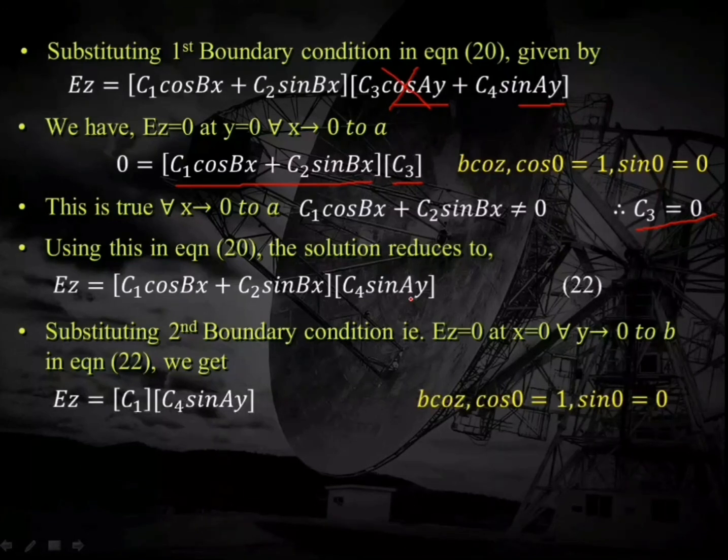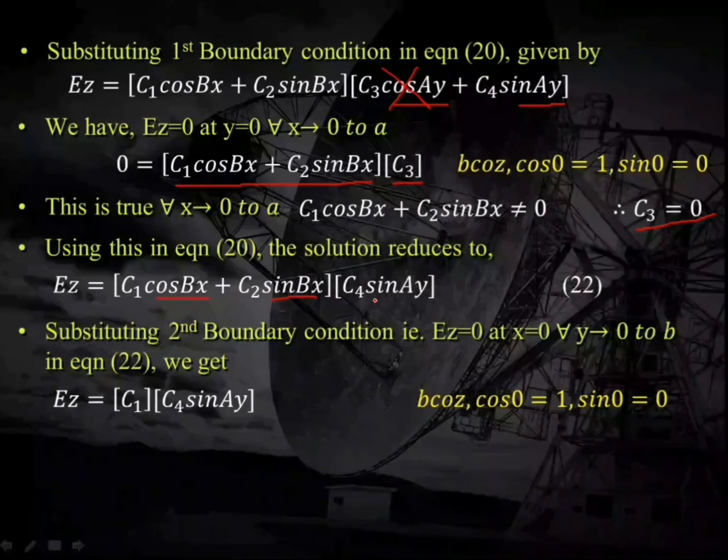So when we apply this on my equation number 22, or the reduced equation of Ez, I will get x equal to 0. So when I substitute x equal to 0, cos 0 will be 1 over here, sin 0 will be 0, and as y is changing from 0 to b, I will keep it as it is.